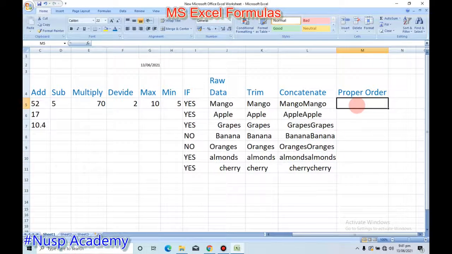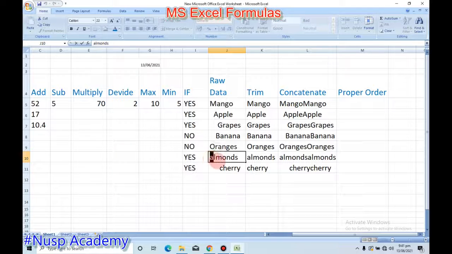The next is proper word. Proper word meaning we want to start every word with a capital letter. We have cherry here, which is beginning with small c, almond here, which is beginning with small a. We want to write it in proper form, so the first letter should be in capital form.